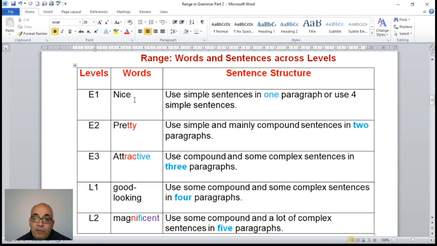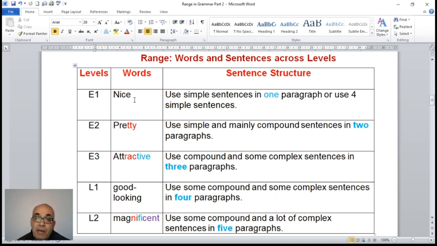Level 1, I have to write a compound adjective, 2 adjectives together: good looking. So I put good, I put looking, and I make a compound adjective. This is level 1. Level 2, magnificent. So 4 syllables or 4 parts.